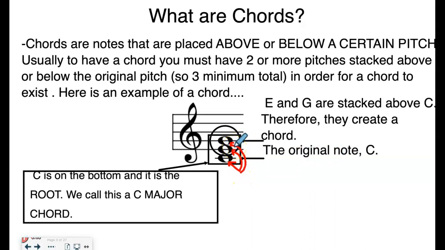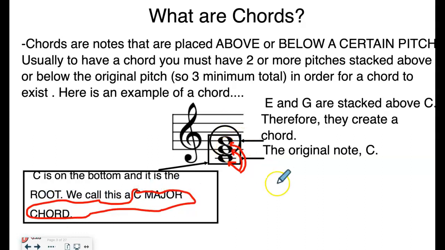You have to have three notes total in order to make a chord. When you play or sing the three notes at the same time, that's a chord. This chord in particular is called a C major chord.